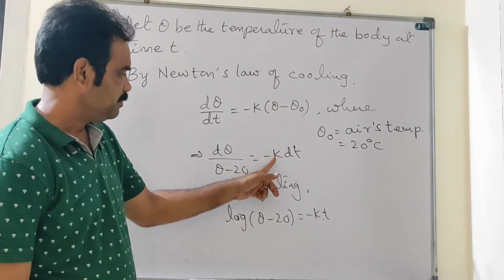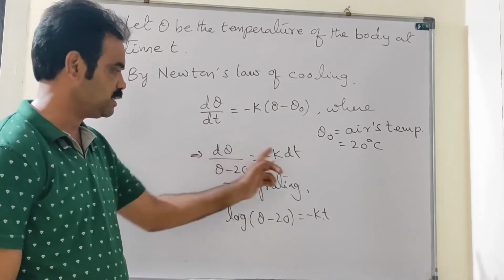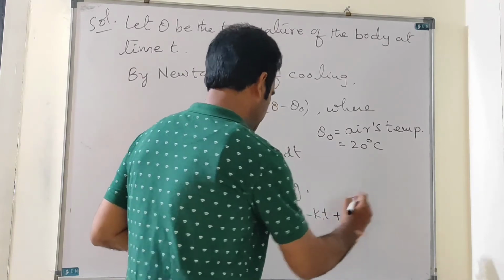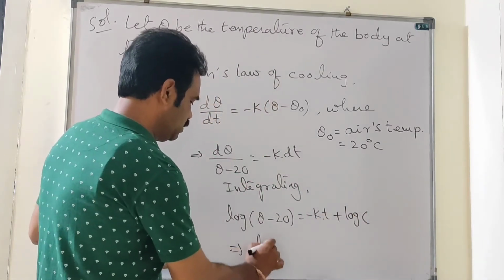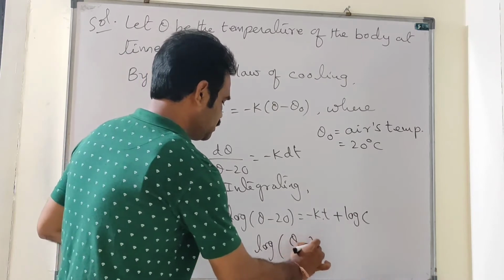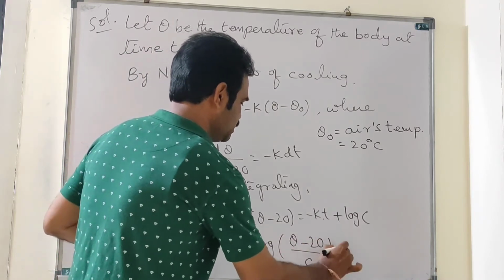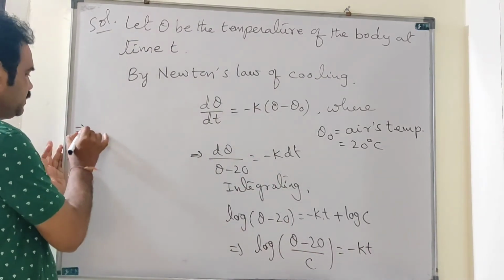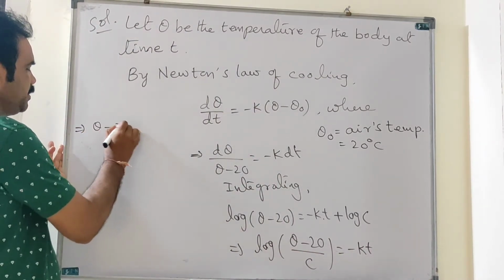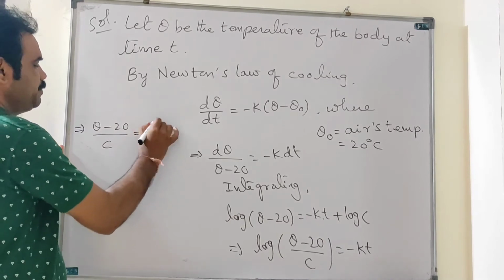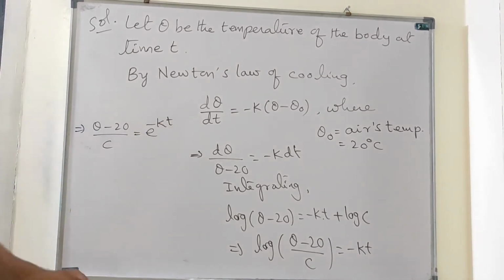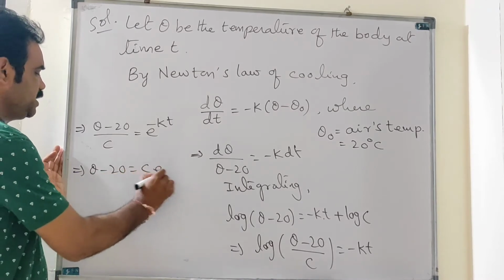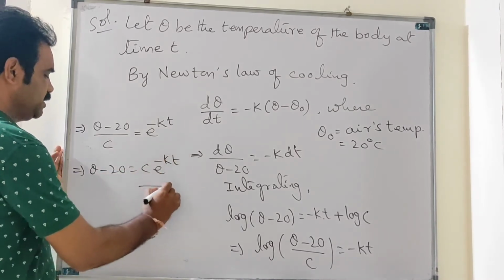Integral of minus k dt, minus k is constant, integral dt is t plus some log c. Implies that log of theta minus 20 by c is equal to minus kt, which implies theta minus 20 by c is equal to e power minus kt. Implies that theta minus 20 is equal to c e power minus kt. Let it be equation 1.